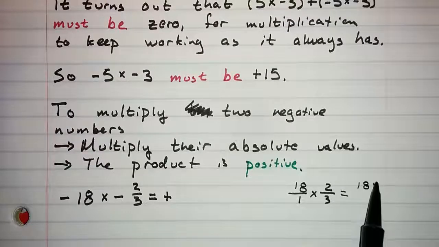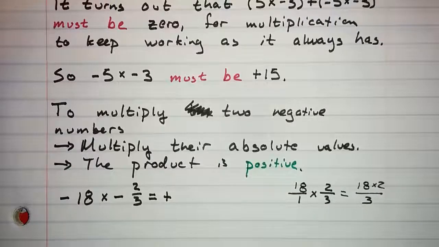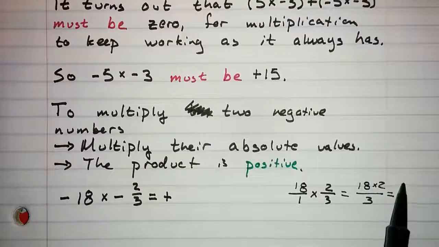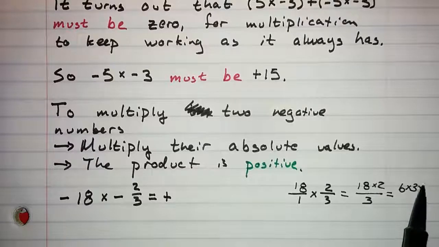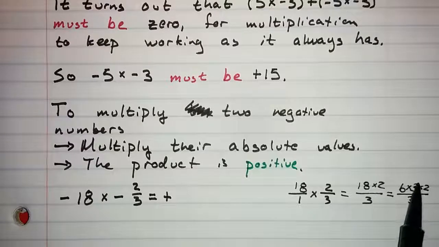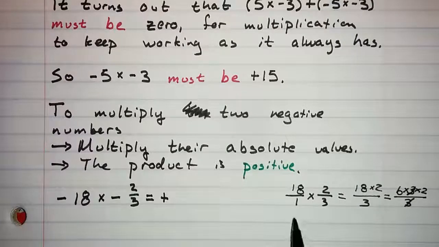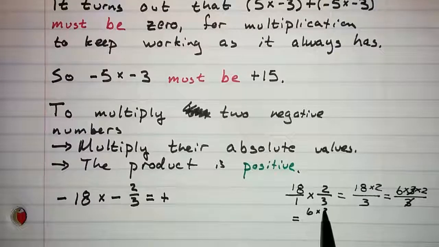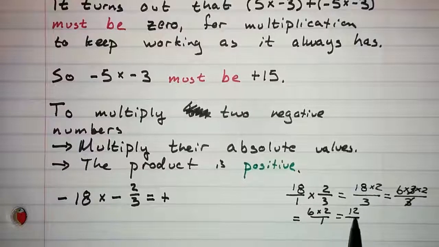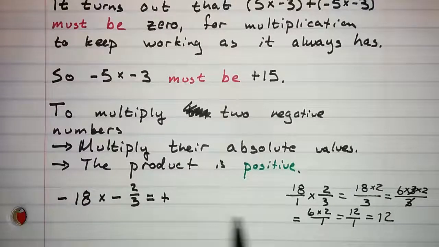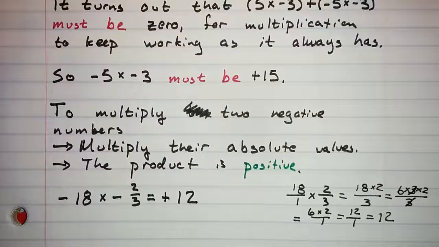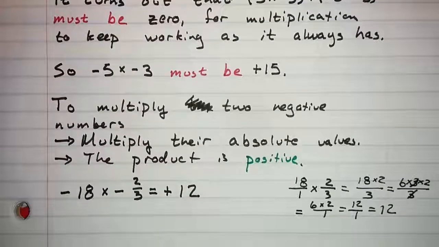That's 18 times 2 over 3. I see a common factor here because 3 goes into 18. That'll be 6 times 3 times 2. 3's cancel. We're left with 6 times 2 over 1. So 12 wholes, which is just 12. My result is positive 12.